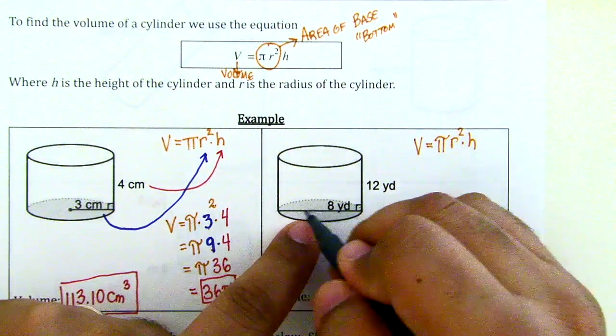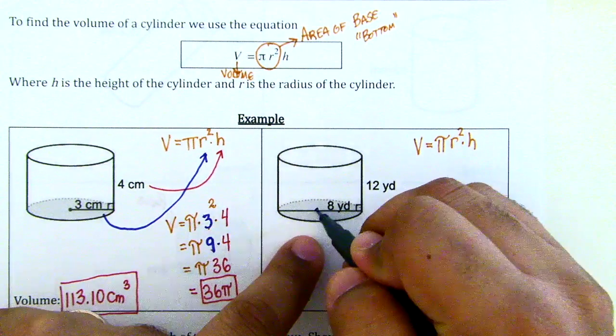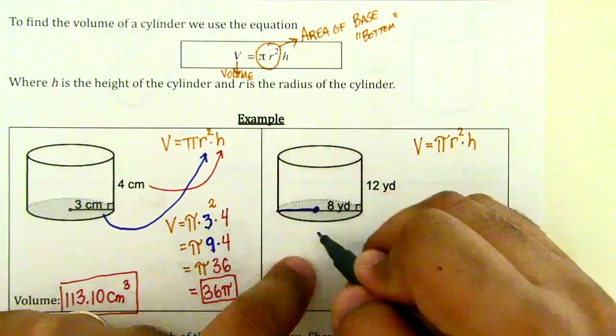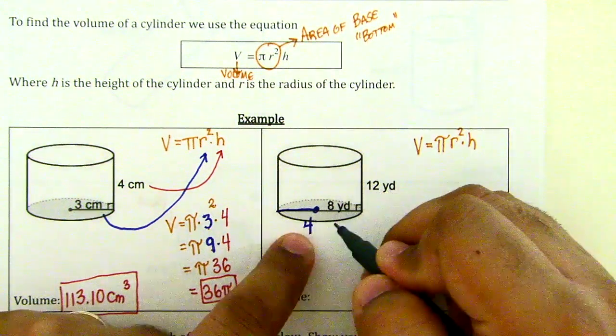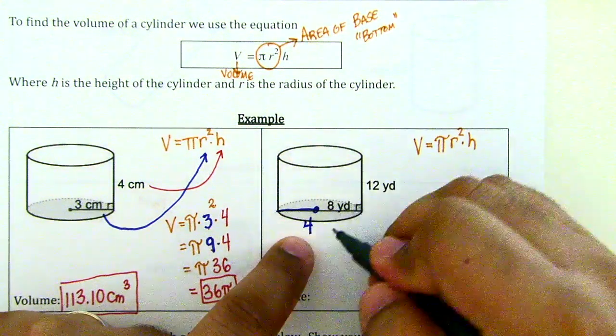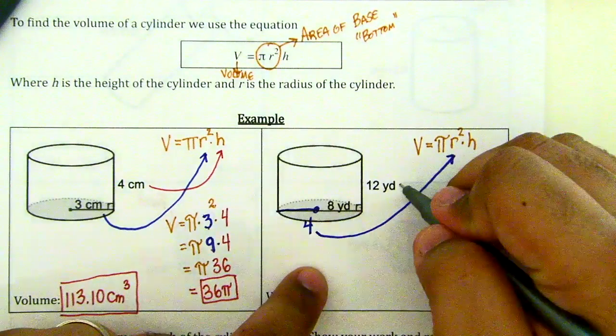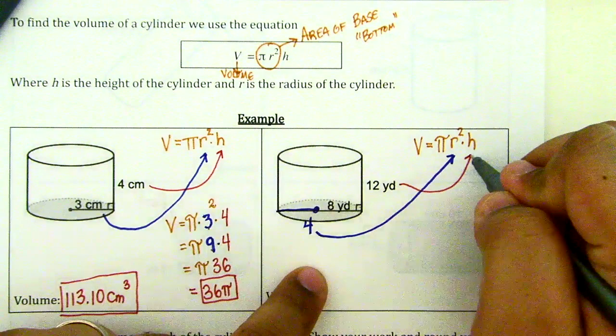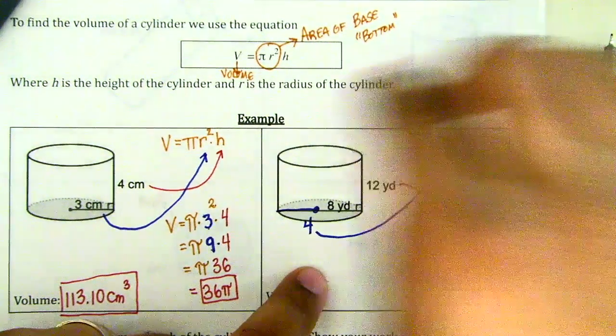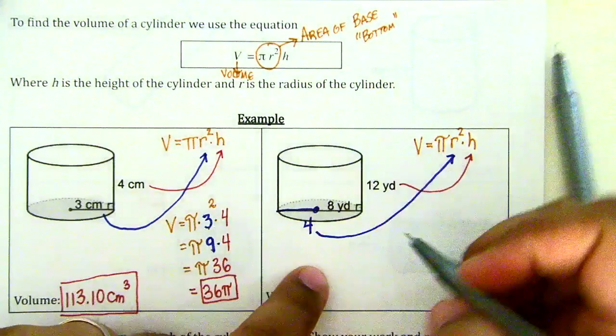So if my diameter is 8, remember the radius is half of that. So I actually want to substitute a 4 and not an 8. So this r is going to get replaced with a 4, and the h is going to get replaced with a 12, right?